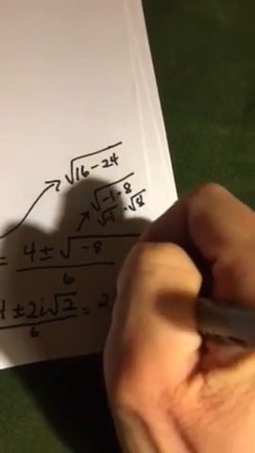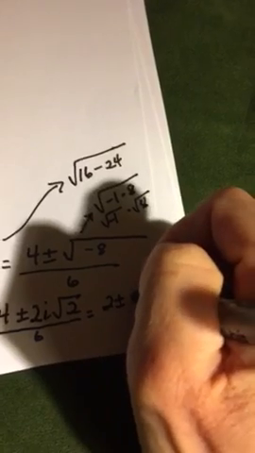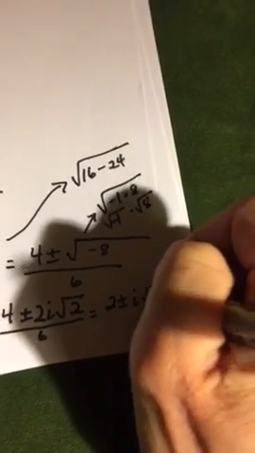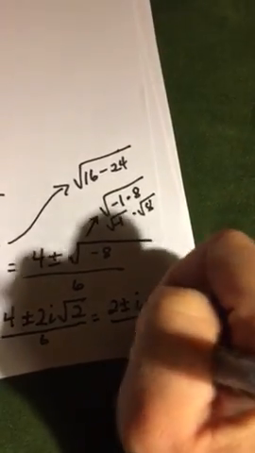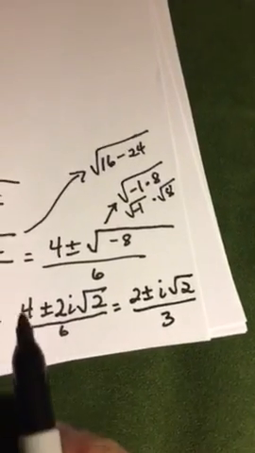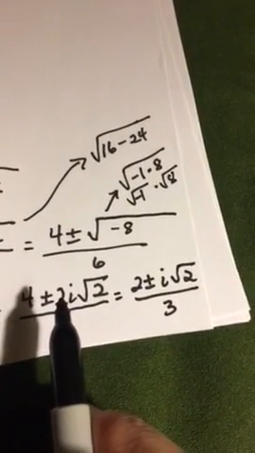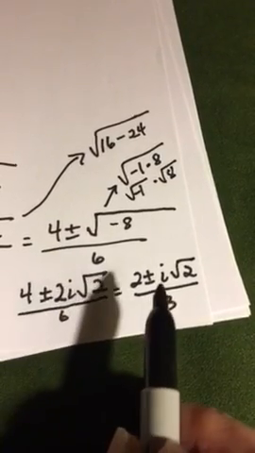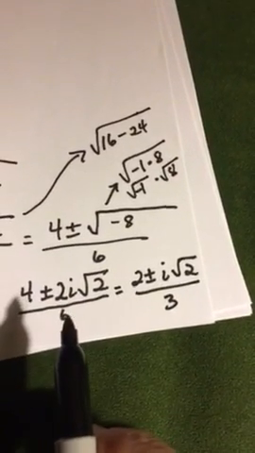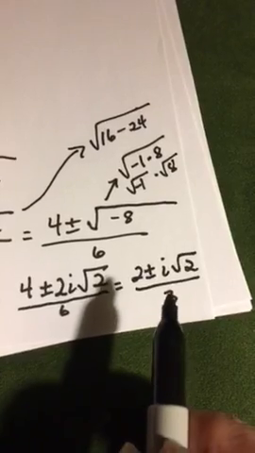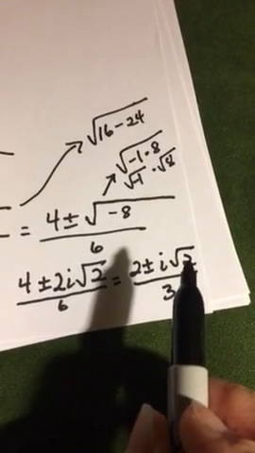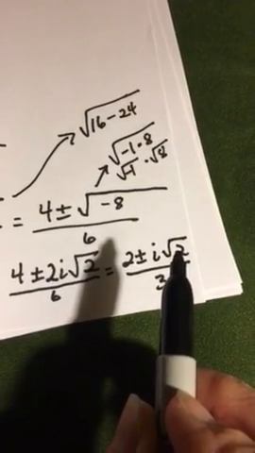But I have 2 plus or minus i square root 2 all over 3, because the 2 goes into 4 2 times, 2 goes into 2 once, so it's a 1i, or just i, and then 2 goes into 6 3 times, and then this 2 is protected underneath the radical sign.